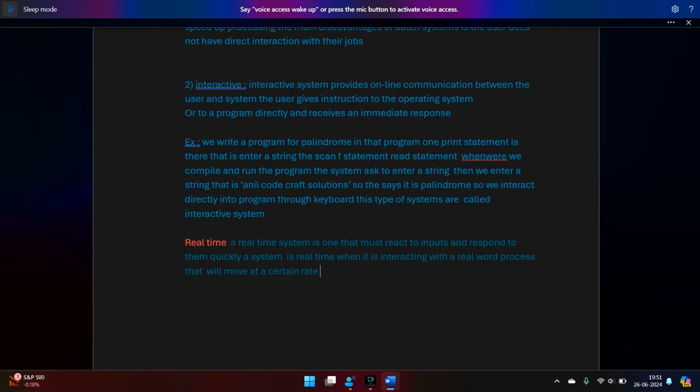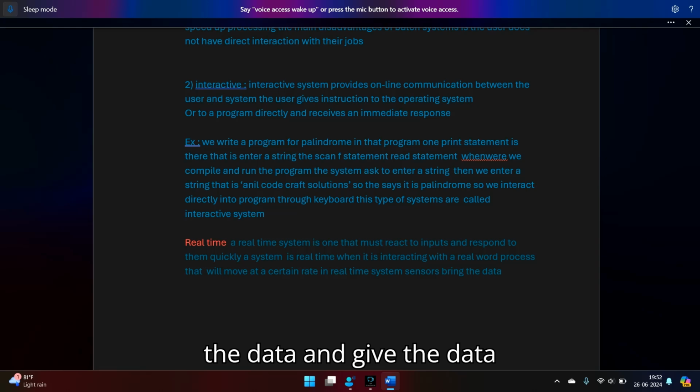In real time systems, sensors bring the data and give the data to the processor.